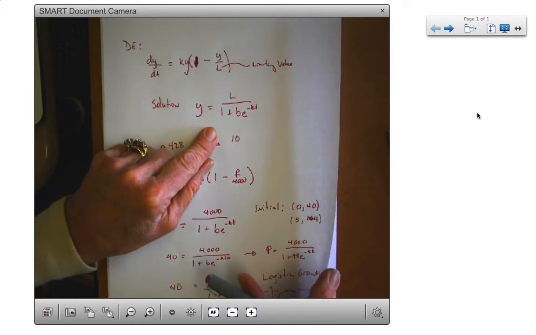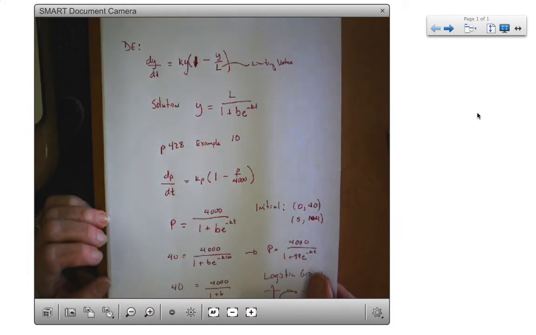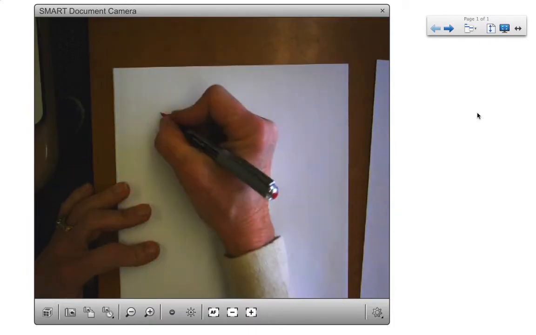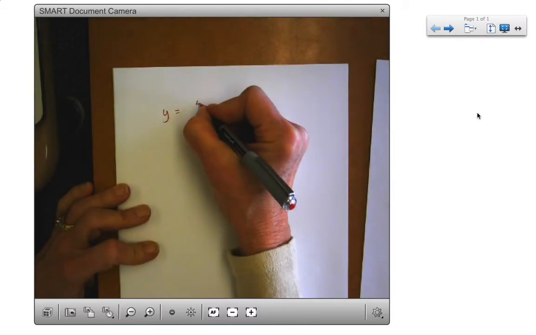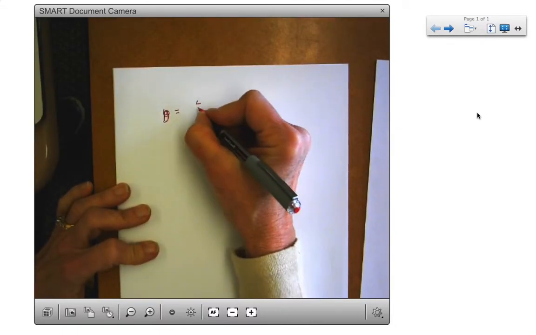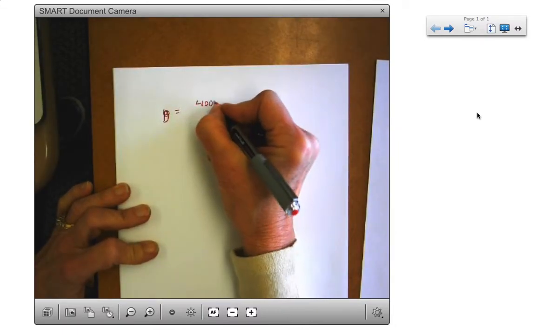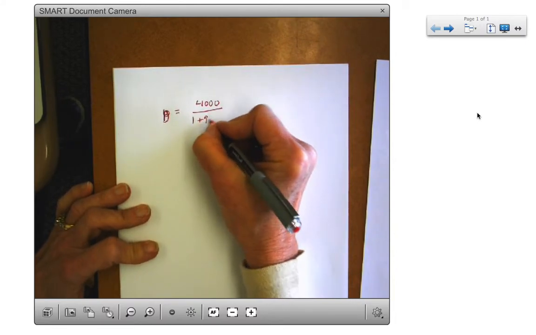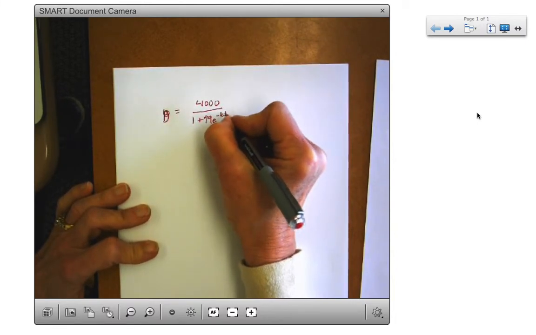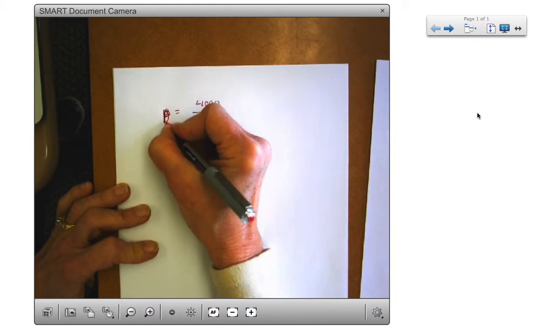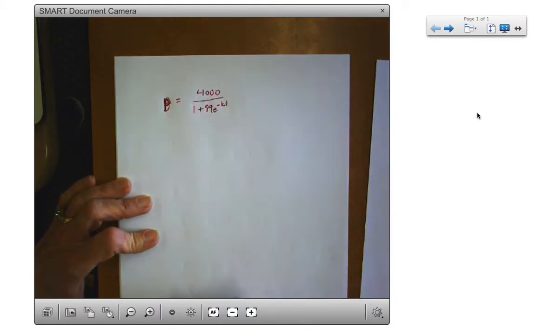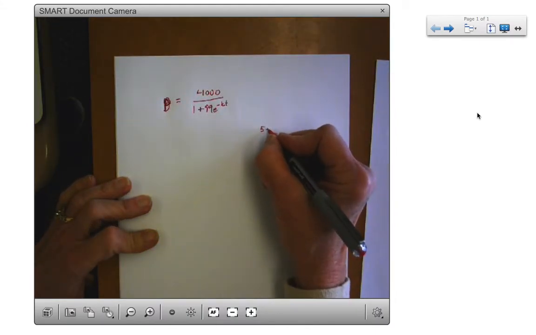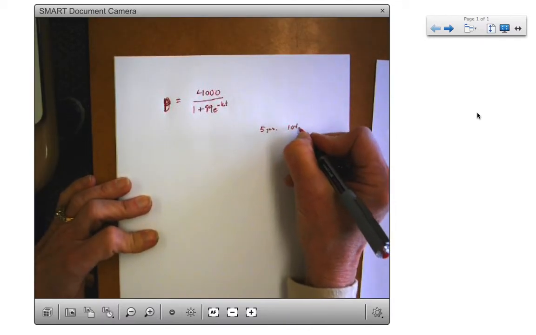All right, so next we've got to find the value of k. Again, here's my solution. P equals 4,000 over 1 plus 99 e to the negative kt. That stands for population. Sorry, it's so messy. And I know after 5 years, I have 104 elk.